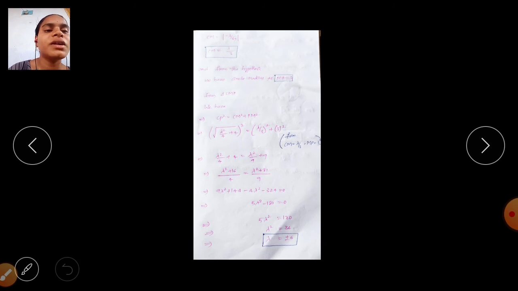This comes from the LCM. 9 lambda square plus 144 minus 4 lambda square minus 324 is equals to 0. 5 lambda square minus 180 is equals to 0. 5 lambda square is equals to 180. Lambda square is equals to 36. Lambda is equals to plus or minus 6.